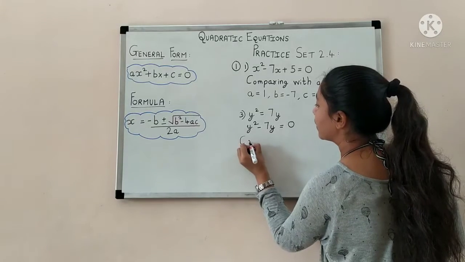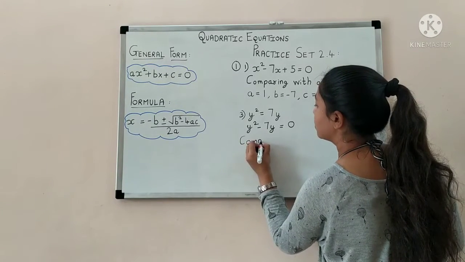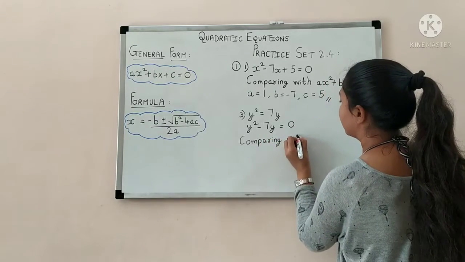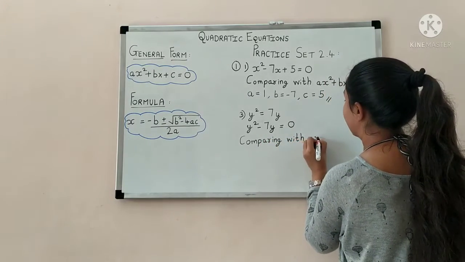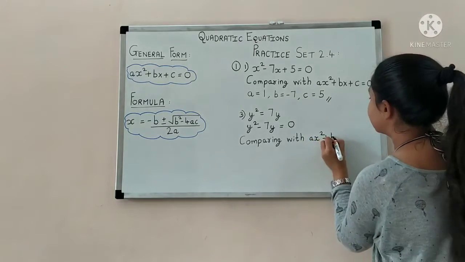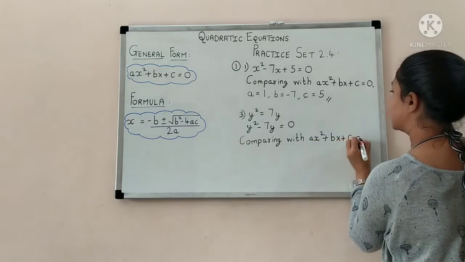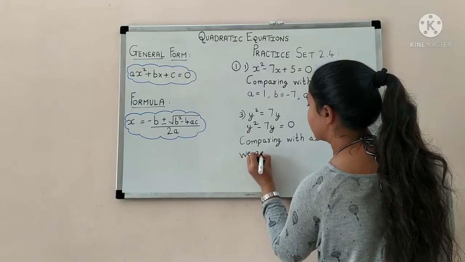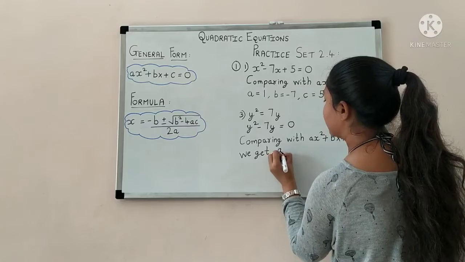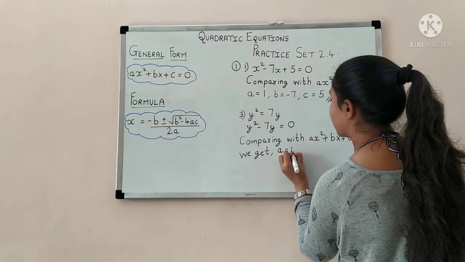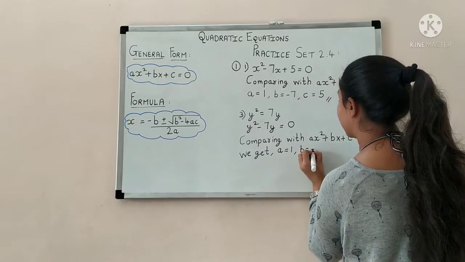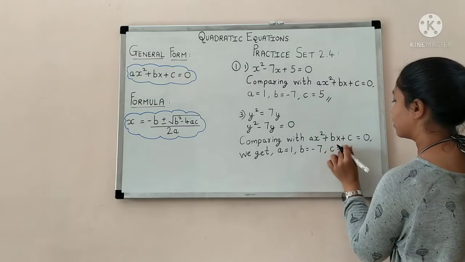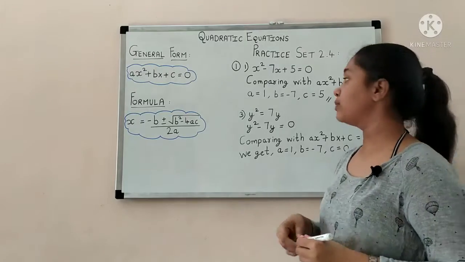Comparing with ax square plus bx plus c is equal to 0, we get a is 1, b is minus 7 and c is 0. Okay, the constant is 0 here. I hope this much is clear.